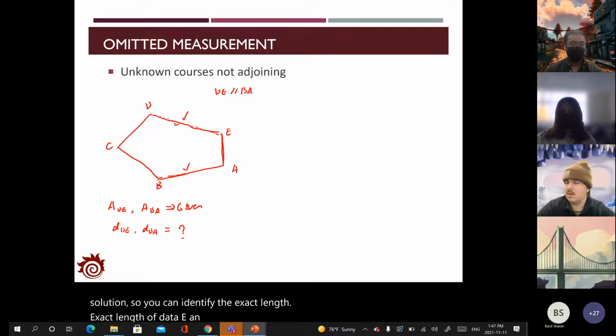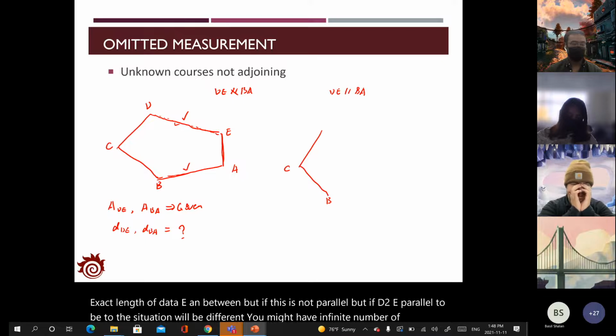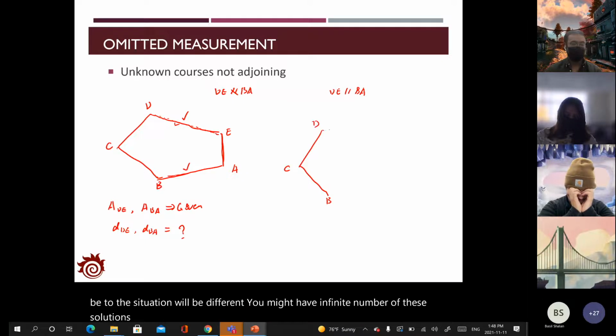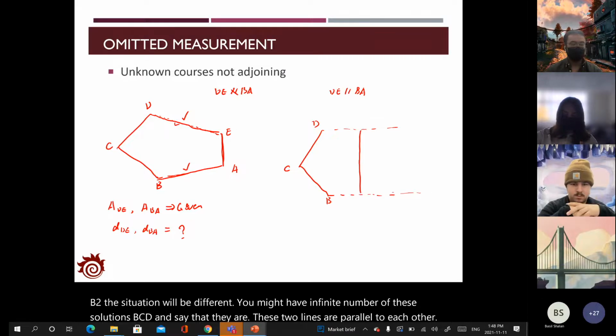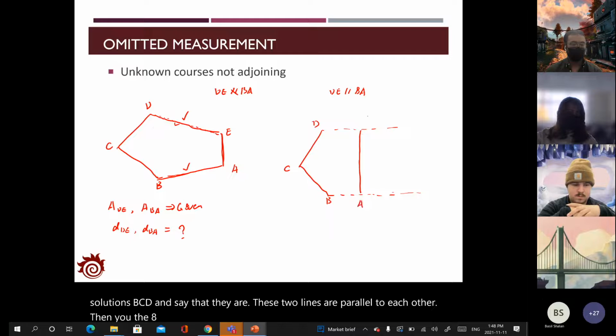But if D to E is parallel to B to A, the situation will be different. You might have an infinite number of solutions. Say that B, C, D, and these two lines are parallel to each other. Then A to E could be located here, and it could also be located here.